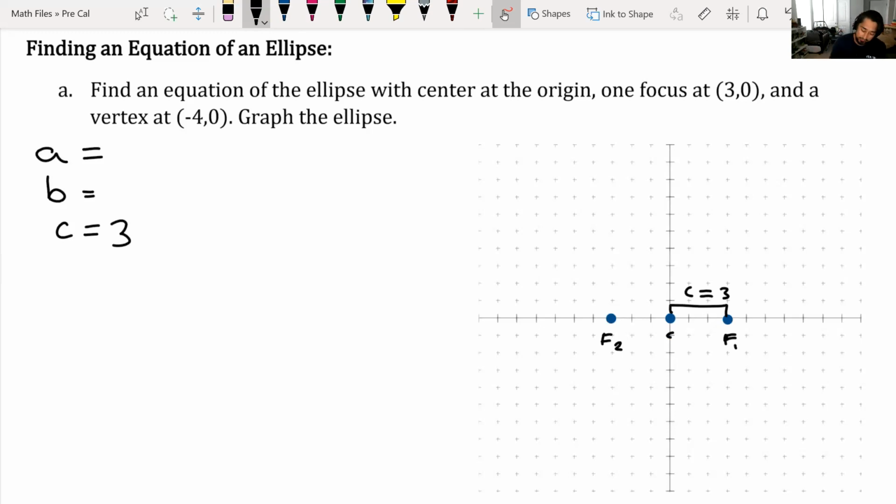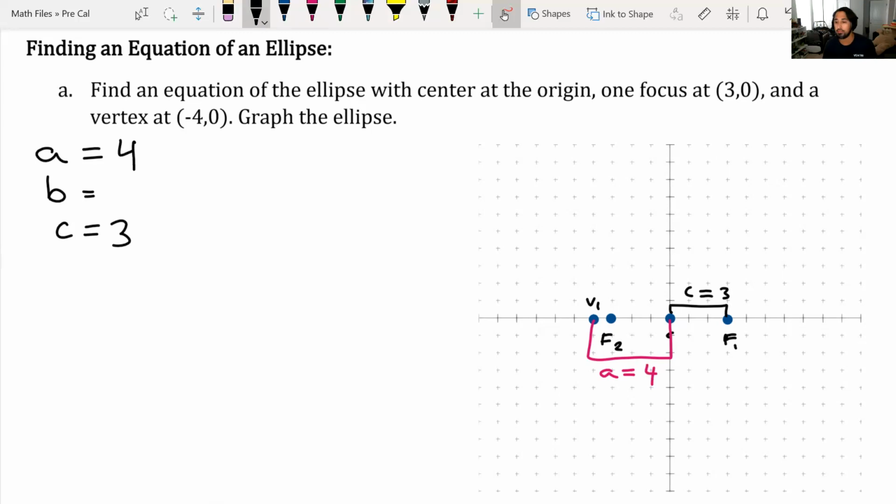And now we'll go with the other piece of information that says we have a vertex at negative 4, 0. So right here is my first vertex. So I'll say vertex 1. And once again, the distance from center to a vertex is represented by A, which means that if our vertex is 4 units away, then A must be 4.